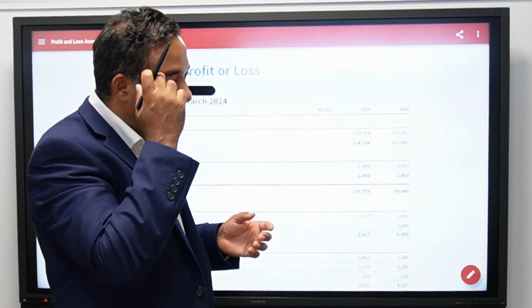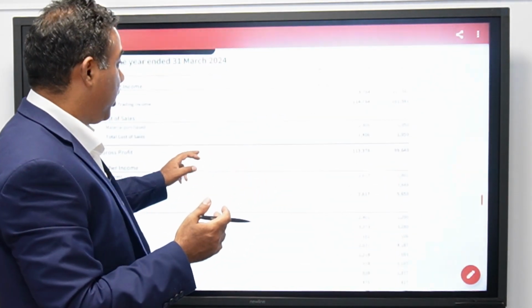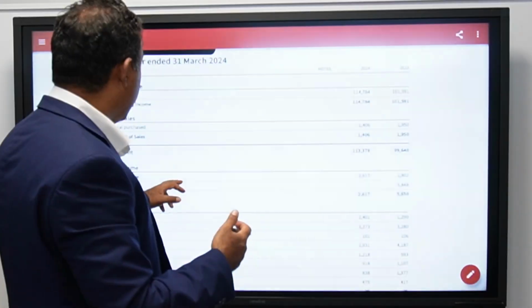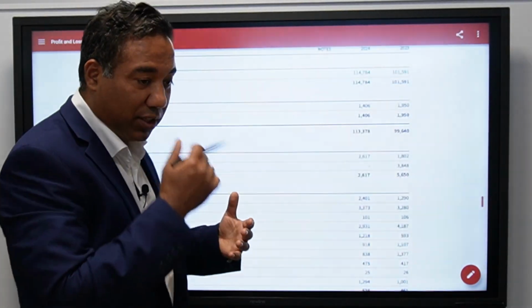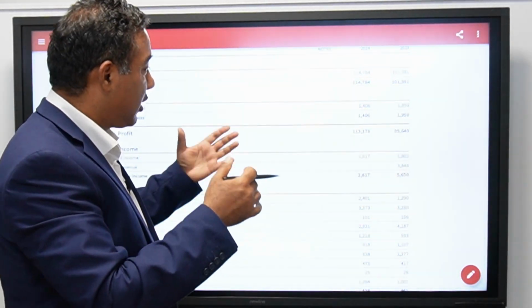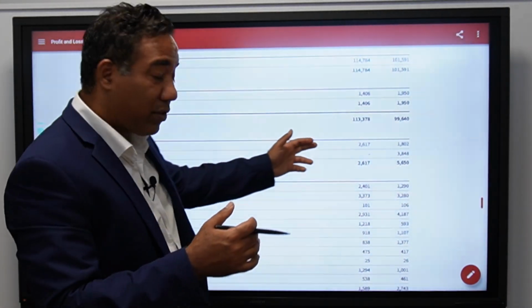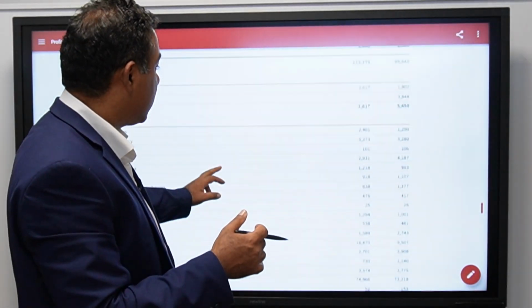Again, a similar thing: it will have sales, which would be trading income, then any materials purchased by your business, so cost of sales. And any other income, yes, there is some interest income, and again expenses underneath.